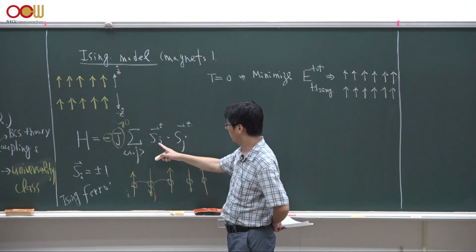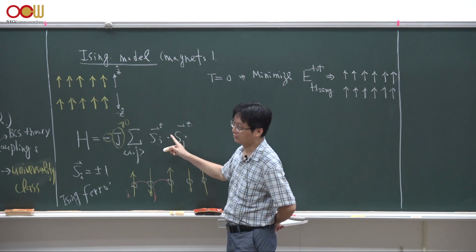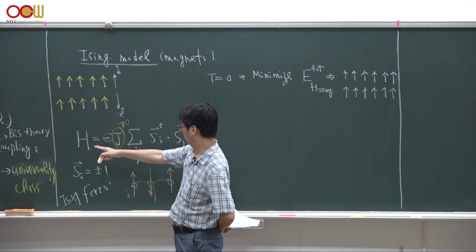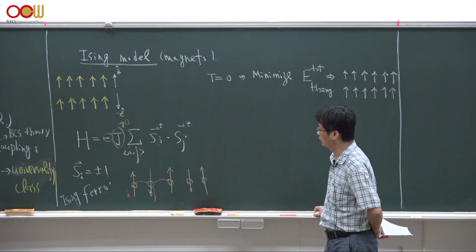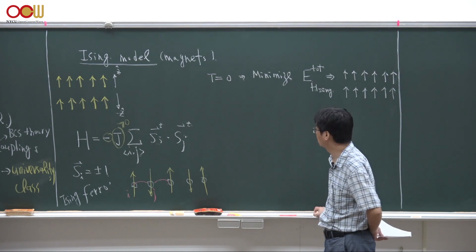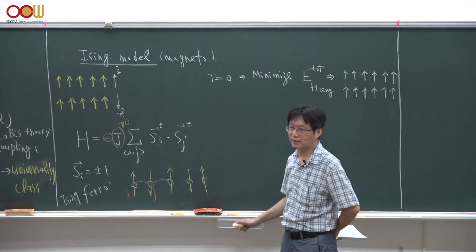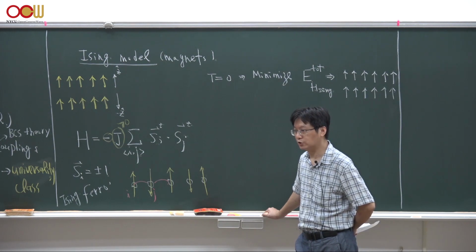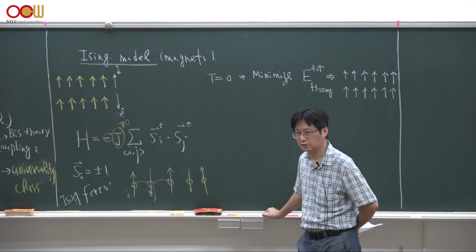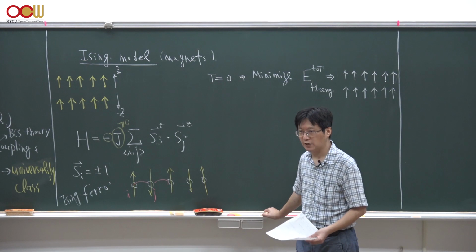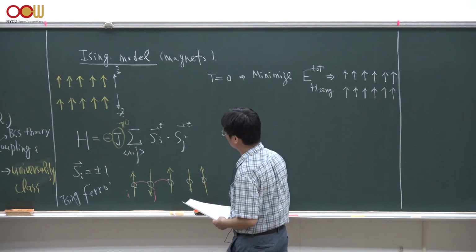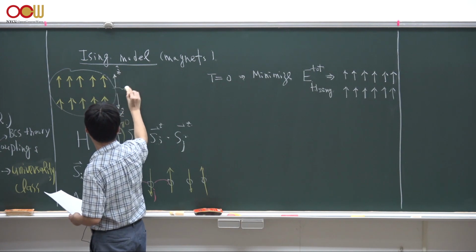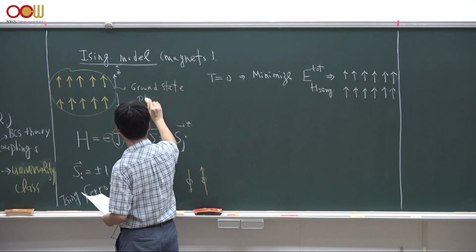So when all the spins are pointing in the same direction, say the plus z direction, then the energy associated with that arrangement of the spins is minimized. And we know from statistical mechanics that whenever the system finds a minimized energy state, that state should be the ground state or statistically favorable state. And therefore, this kind of all-parallel configuration is actually the ground state phase of this Ising model.